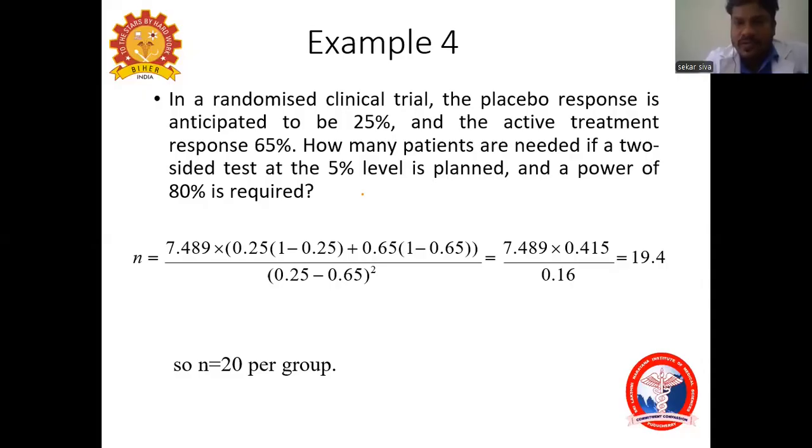If you simplify this, it is 7.489 into 0.415 divided by 0.16, which is 19.4. So n, the required sample size for each group, is 20. So overall the population is 40.